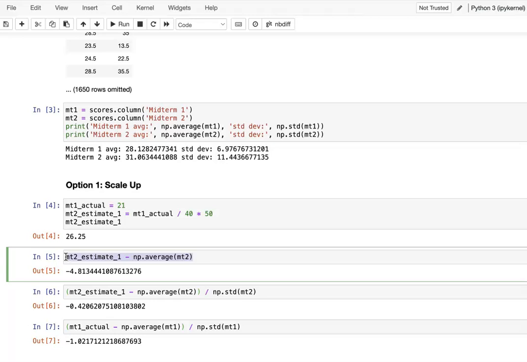The first thing we see here: from midterm 2, our estimation is 26.25, right? Let's see how this value compares to the average. So 26.25 minus 31.06 would be negative 4.8. That's John's, right?